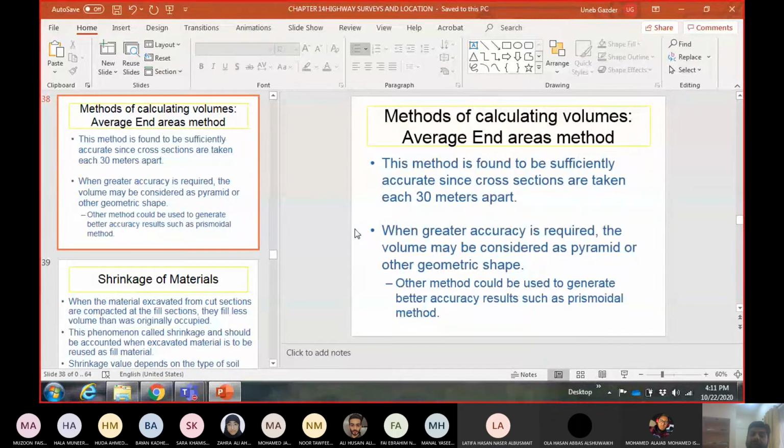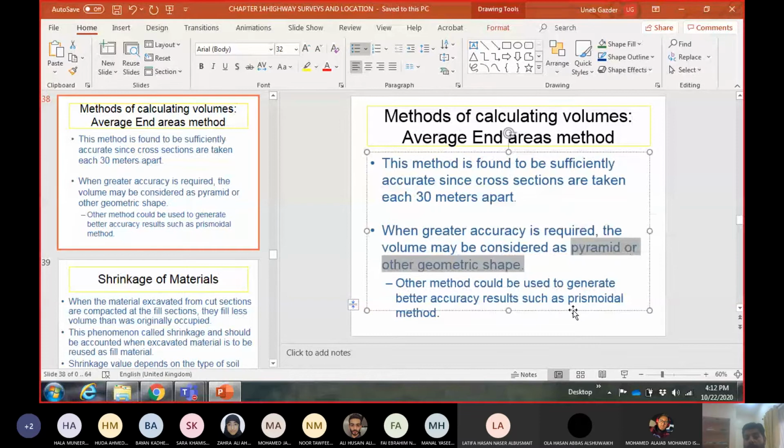So instead of taking the area after every 30 meters, after every station, I can take the areas at every half station. If 30 meters is one station, half a station will be 15 meters, or 10 meters. So you can increase the accuracy of the average end area method by reducing the value of L, the distance between the cross sections. Or if you say you are not satisfied even with reducing the length and want a higher accuracy method, there are other methods: the pyramid method, the prismoidal rule, and so on.